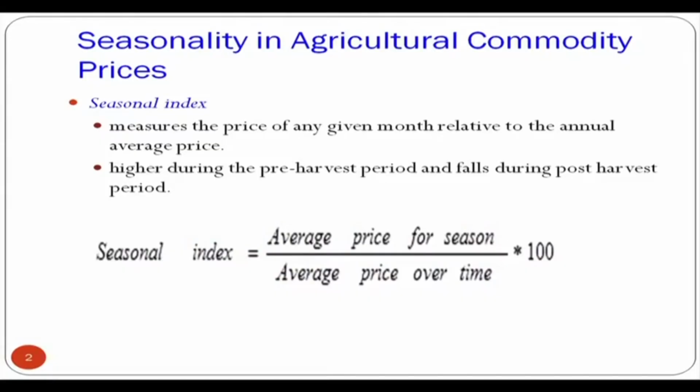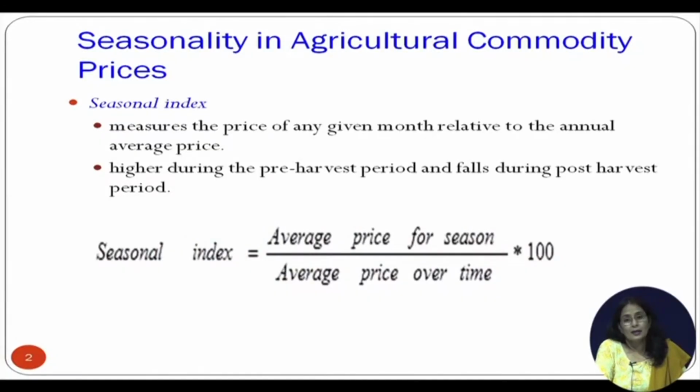So this is the seasonal index, or seasonal index in percentage terms. This index shows the average price for the season divided by the average price over time, and I'm sure you got time to work out the seasonality of gold prices as well as the prices of DAP fertilizer.